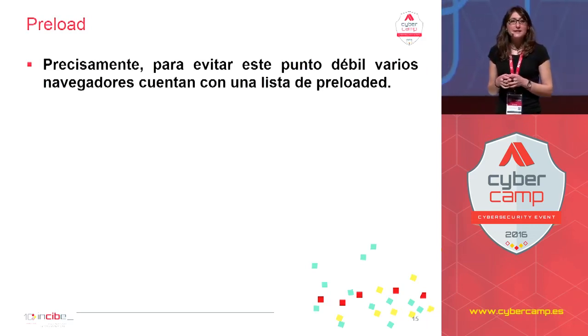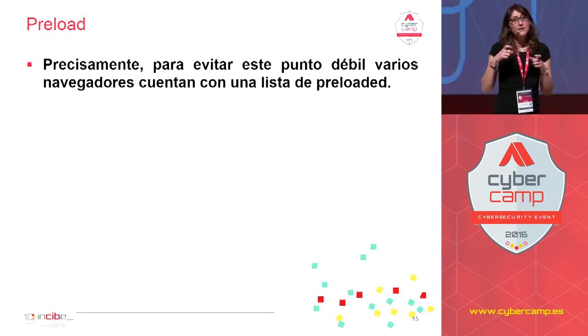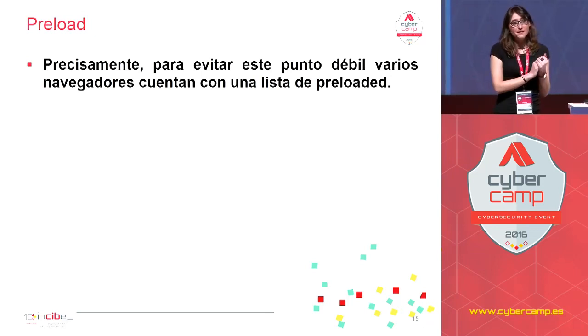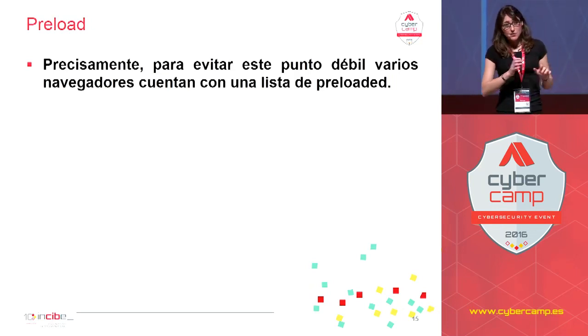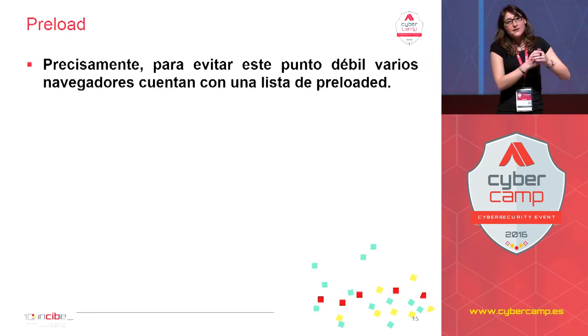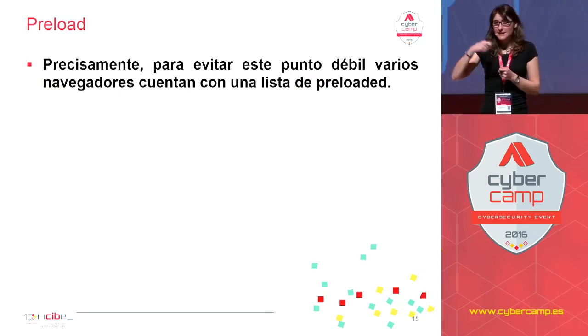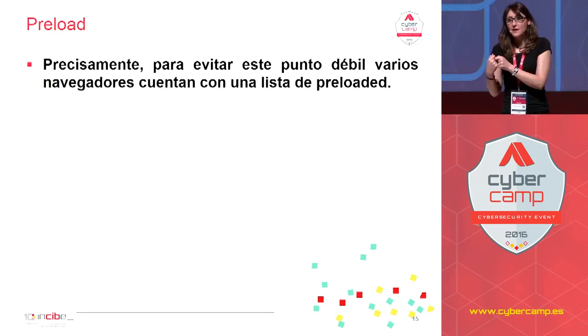So what do we do? What is the security measure that has been implemented to prevent being exposed the first time? For that, we have created preload services. This started off from Chrome. The people from the Chrome browser hard-coded in their source code a number of domains and said, I want to be protected from the first connection.